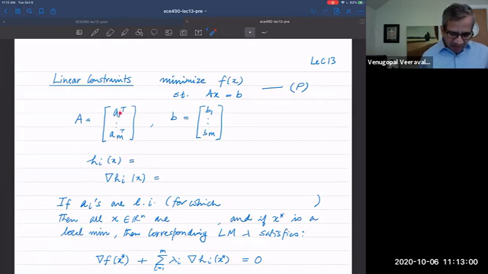The rows are denoted by a1 transpose, a2 transpose, up to am transpose, and b has m elements like this. The m constraint functions h_i of x are a_i transpose x minus b_i, for i equal to 1 to m.